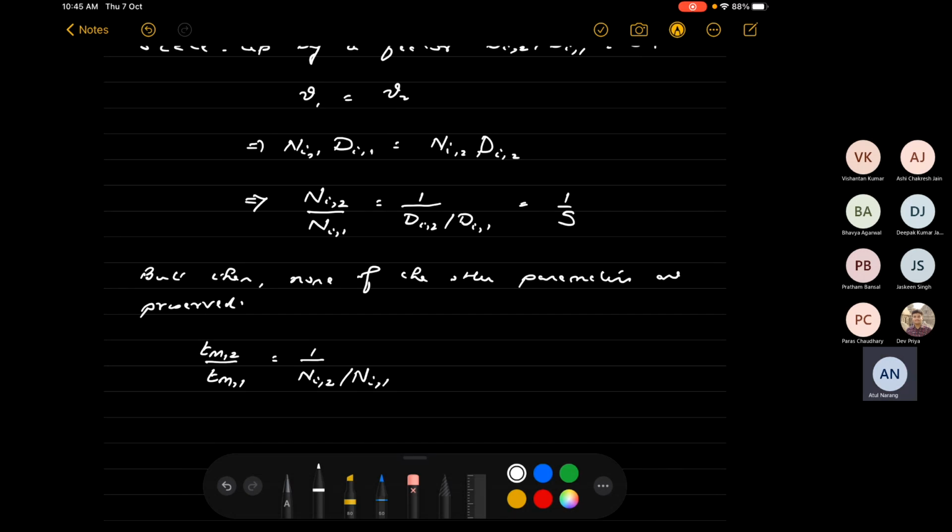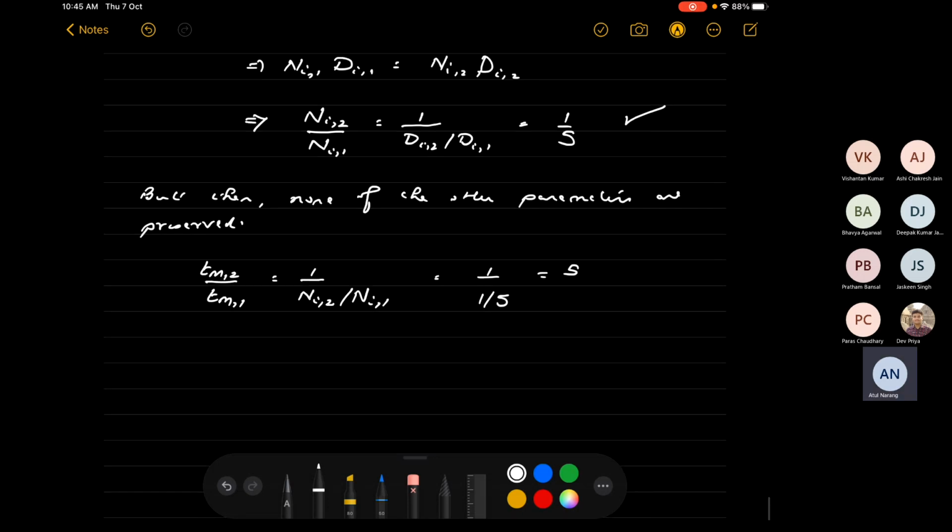But since we chose Ni2 over Ni1 to be 1 over 5 to preserve the impeller tip velocity, it turns out that our mixing time will be 1 divided by Ni2 over Ni1. This is 1 over 5, so that's 5. So your mixing time has gone up by a factor of 5.